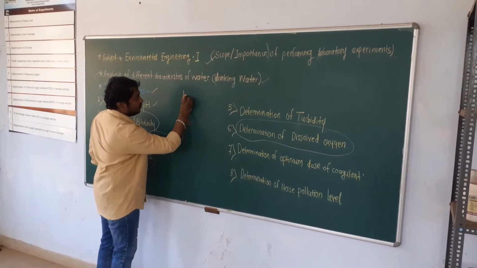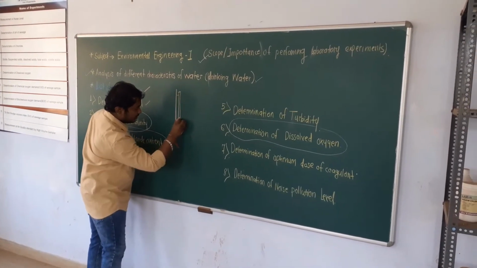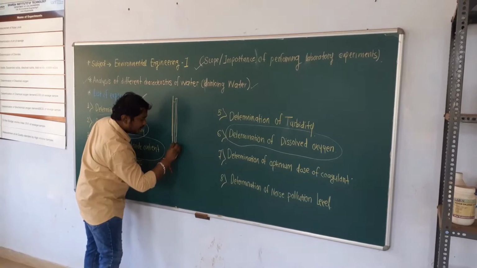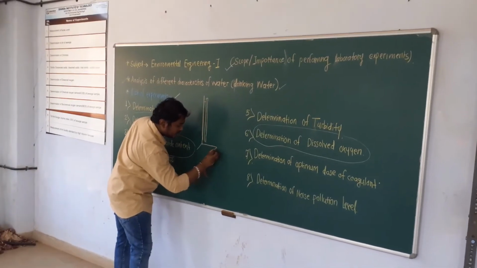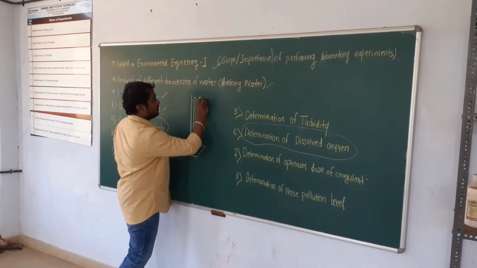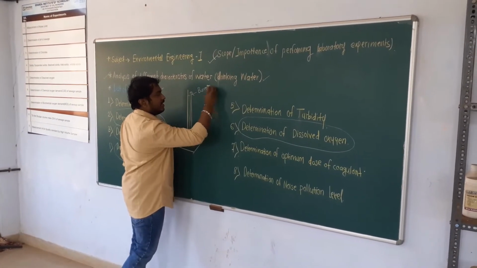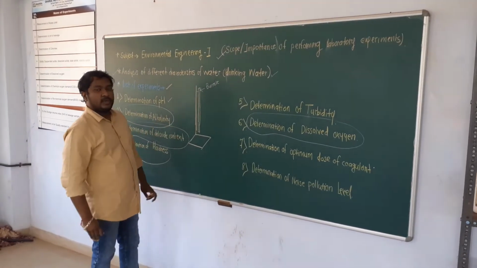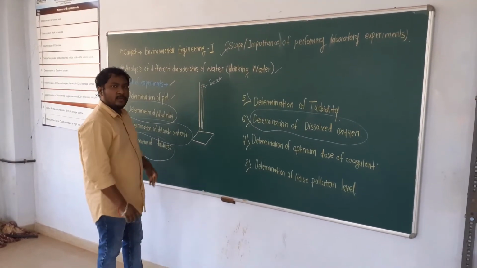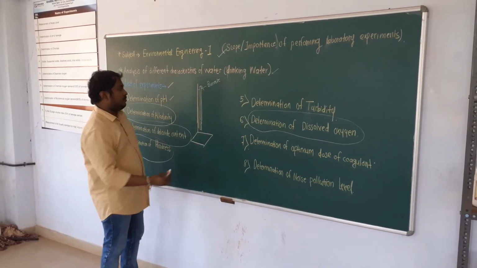On this stand we will place a burette. This is the stand available in our laboratory, and this is the burette. I am discussing the general procedure of titration, and each characteristic we will discuss one by one when we see the actual procedure and importance of every experiment.